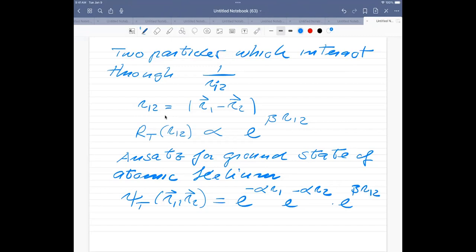That could be an ansatz where, one, I cancel the divergency when electron 1 is getting close to the atomic nucleus. Same with electron 2. And in case electron 1 and 2 are getting close to each other, the divergence I would get in the Coulomb interaction is then cancelled by a term like this from the kinetic energy.